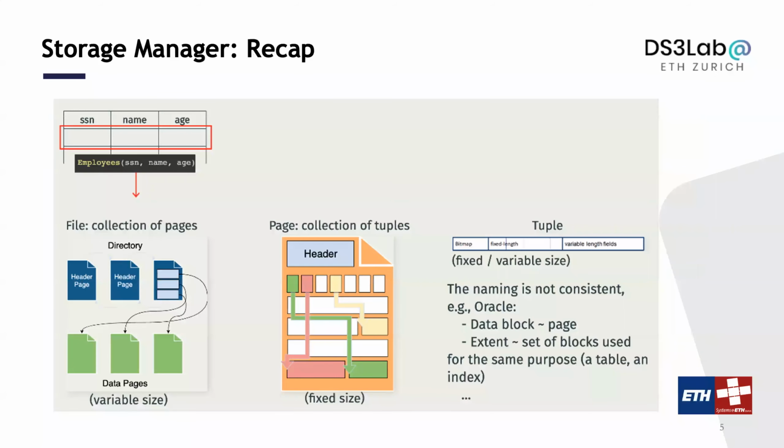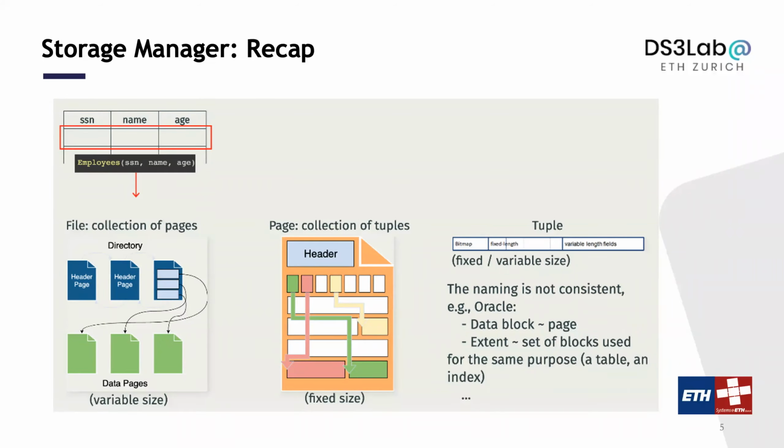And we talked about different ways that the disk manager is going to organize your relation on your hard drive. So given a relation here, the most common way is to organize it into a collection of files, and each file contains a collection of pages, and each page is a fixed size block of information stored on your hard drive.